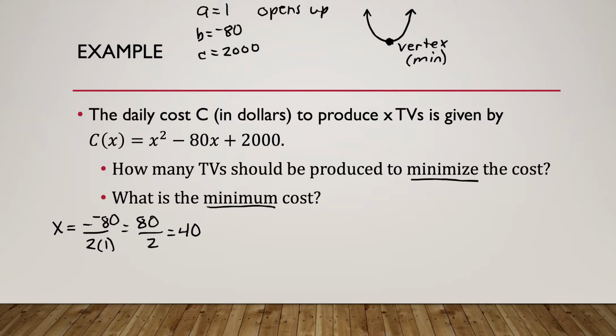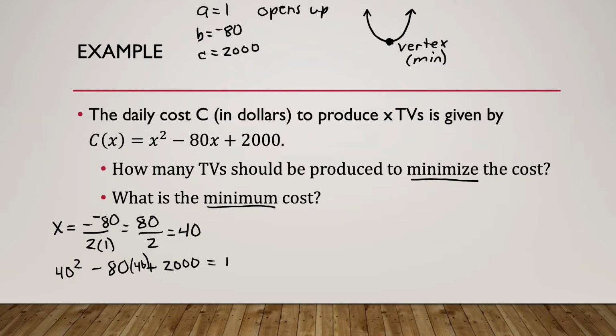Okay, and then I'm going to plug into my function to find the y. So everywhere there's an x, I'm going to be substituting in a 40. And then I'm going to work it out.